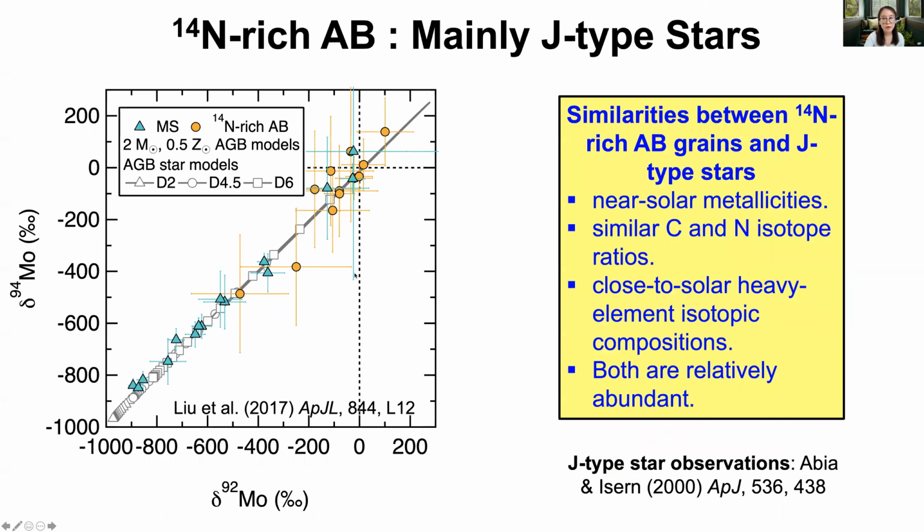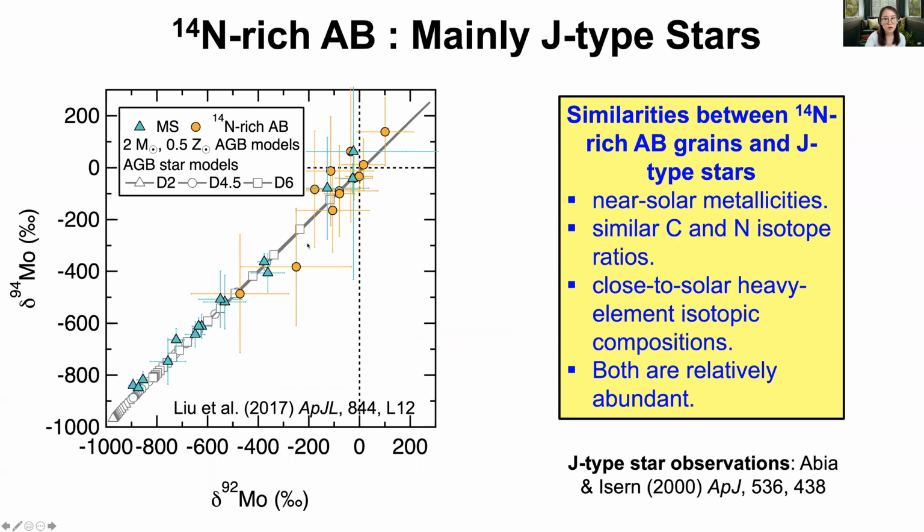Then in the follow-up heavy element isotopic study, we further observed that nitrogen-14 rich AB grains do not show any significant s-process isotopic enrichments, as shown by these orange circles. And for comparison, mainstream grains show more negative molybdenum isotope ratios because these ratios are normalized to molybdenum-96, which is a pure s-process isotope and is abundantly made by the s-process.